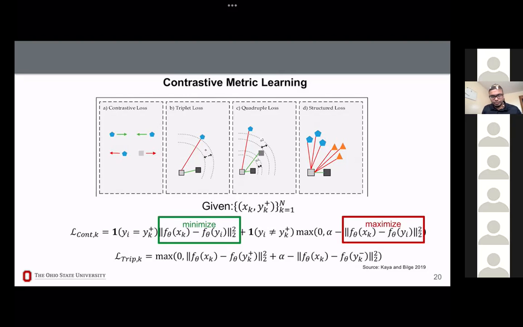So even the first line has an alpha then? Correct. And in what way is the second line better than the first line?